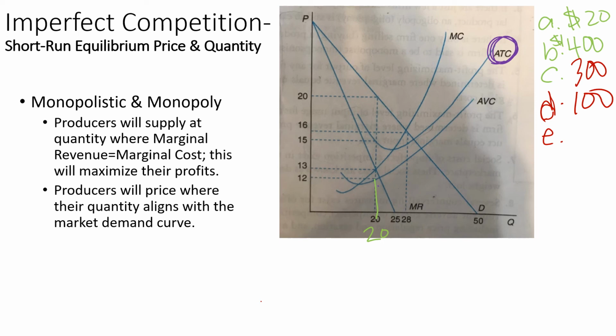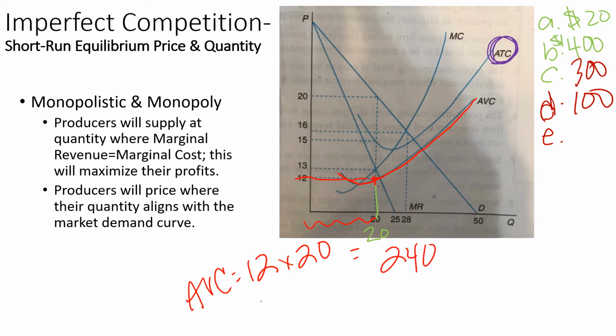And our average variable costs intersect right here. So our average variable cost is 12. And again, we're producing 20 units. So 12 times 20 is $240. So that would be our total variable cost, 240. And then total fixed.